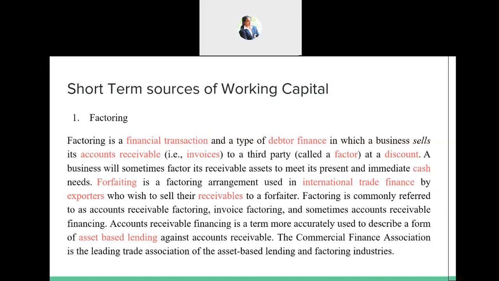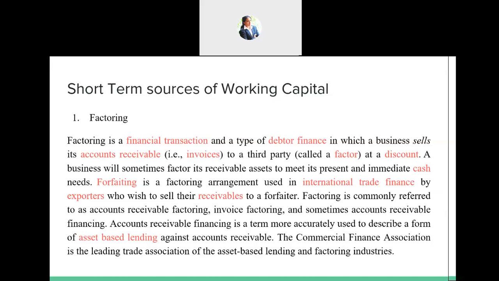Now, forfeiting is also a kind of factoring arrangement which is used in international trade by exporters who wish to sell their accounts receivable to a person called a forfeiter. And this factoring has been referred to by different names.